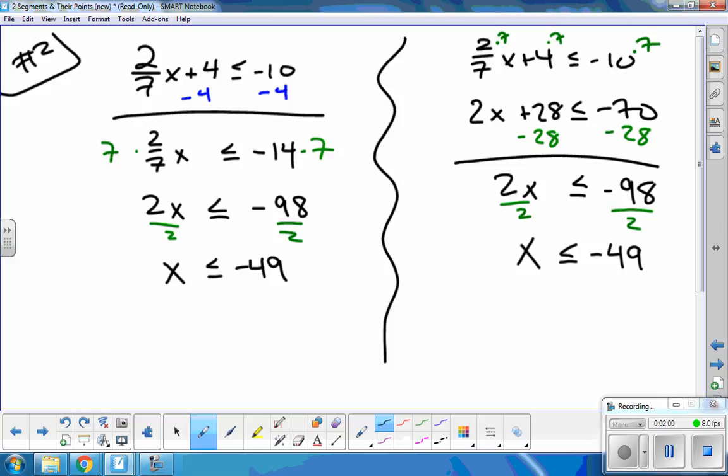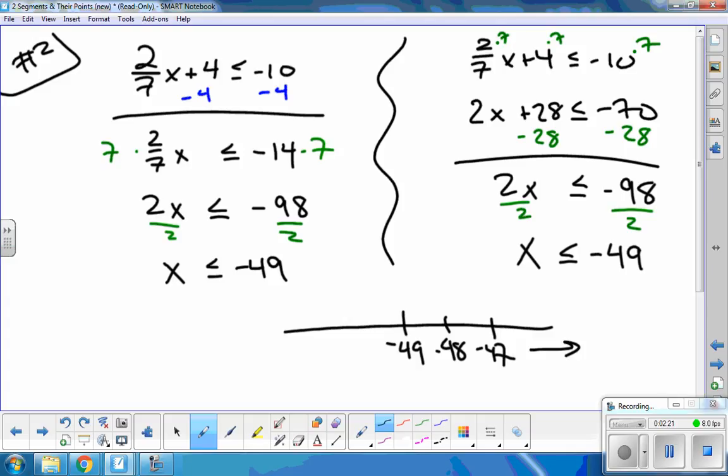Again, we're going to check our work. Super important to check our work. So if I look at my graph, what I think is going to happen is I would assume that there's going to be a number line at negative 49, couple numbers to the right. Make sure when you're dealing with negative numbers and you go to the right, you get closer to 0 as you go that way.